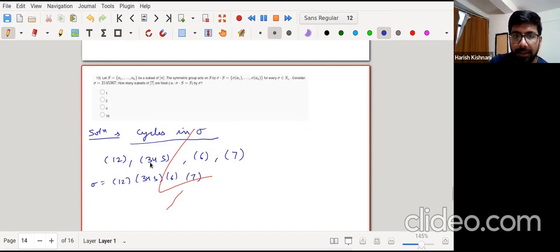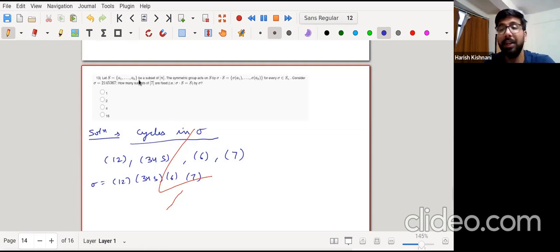If you take the subset 3 4 5 and act sigma over it, then the subset 3 4 5 will be mapped to 3 4 5, because these symbols just get permuted with each other. 3 is mapping to 4, 4 is mapping to 5, and 5 is again mapping to 3. So this subset won't be mapped to any other subset. If you take any cycle, that's definitely a subset which is going to be fixed by this sigma.